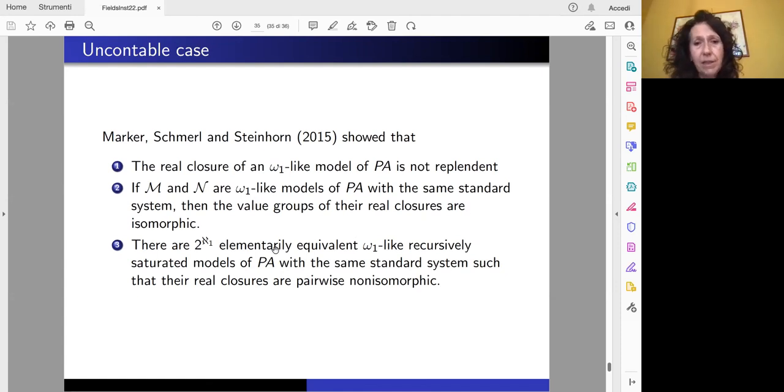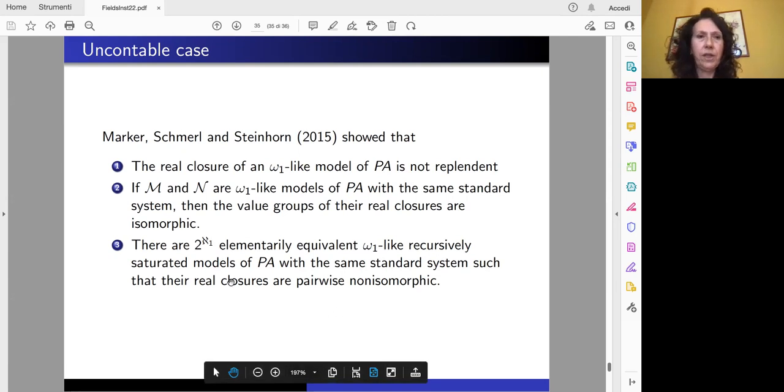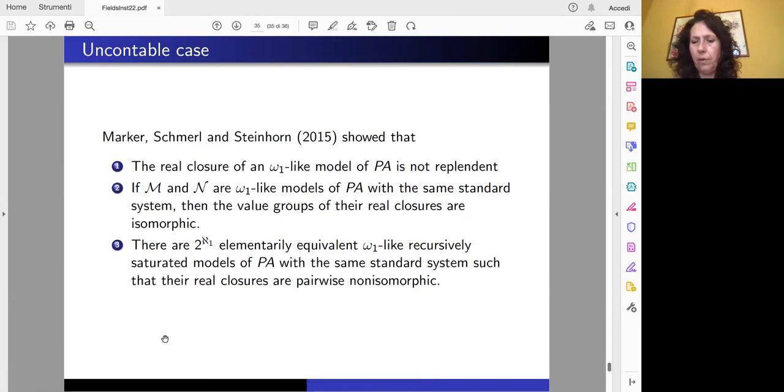But at the same time, there are 2 to the aleph-1 elementarily equivalent recursively saturated models of Peano arithmetic with the same standard system such that the real closures are pairwise non-isomorphic. So for the uncountable case, there is not yet any characterization.